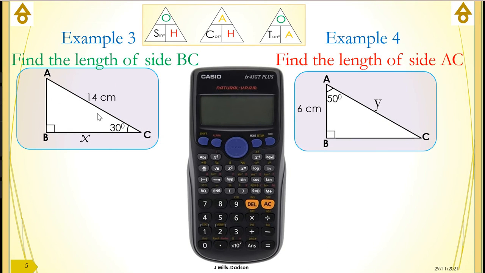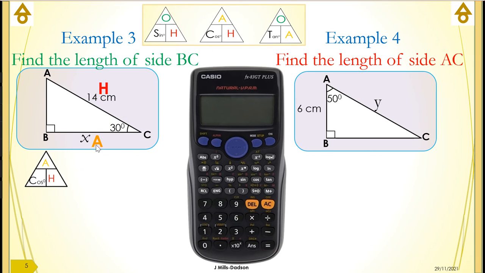Example 3. We start by labeling. This is the opposite side, but we don't need it. The longest side is the hypotenuse, so that's the adjacent. So adjacent, hypotenuse. Which one has A and H is the cosine.